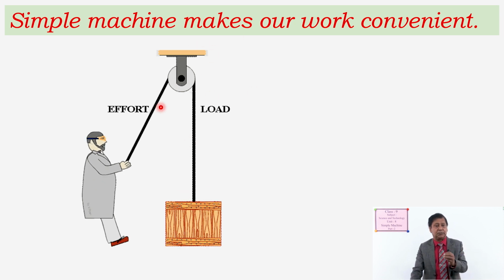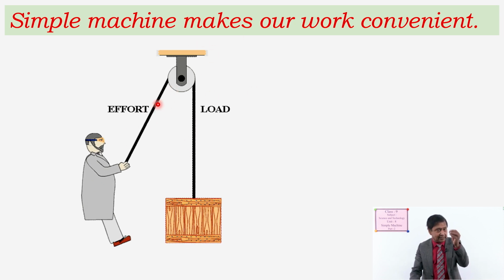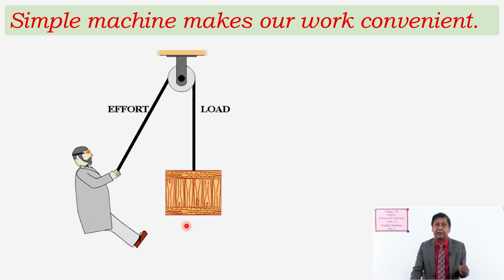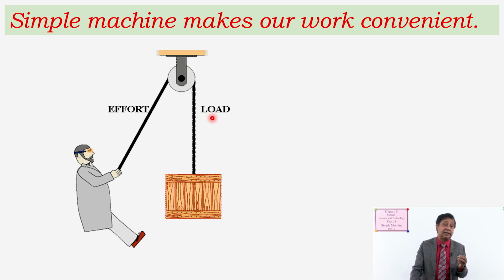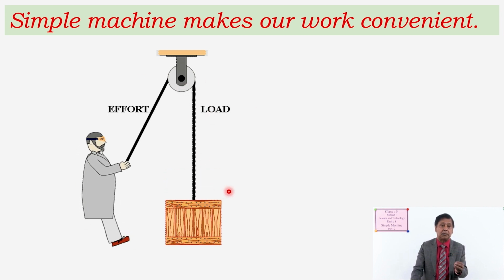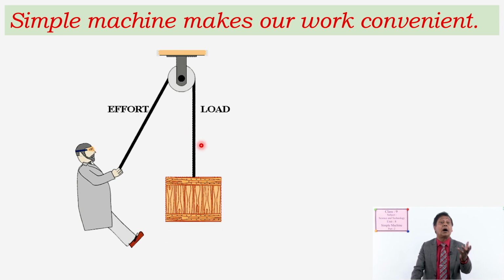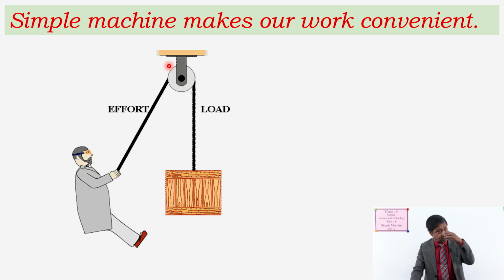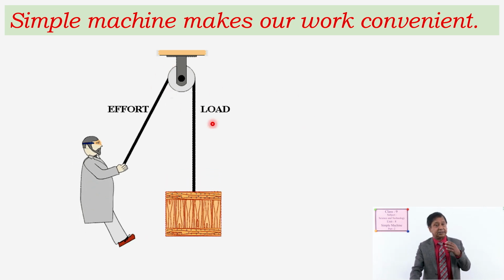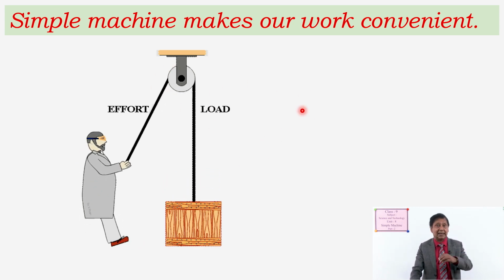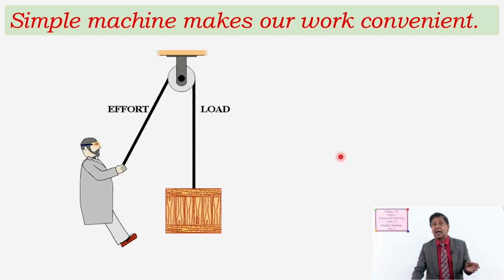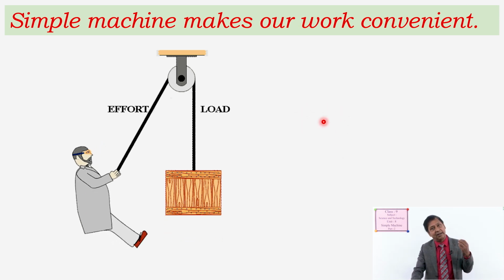But using this pulley, he is pulling the rope in the downward direction. It means without the machine, he had to apply force in the vertically upward direction, but using the machine, the direction of force is changed to a convenient direction because of this pulley. That's why sometimes a simple machine changes the direction of force, and that makes our work convenient.